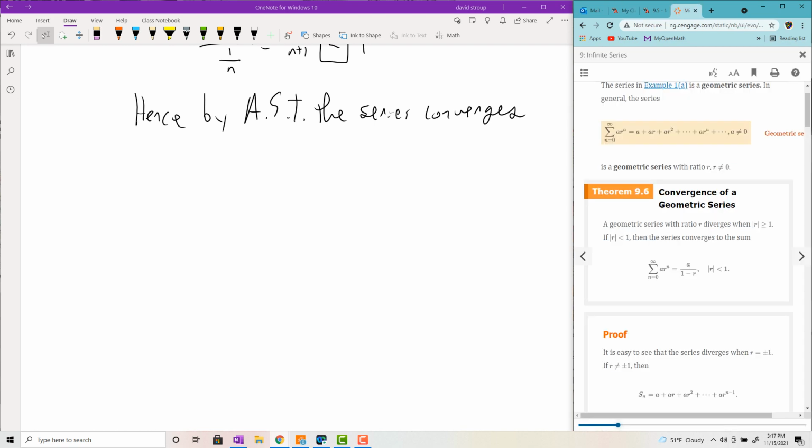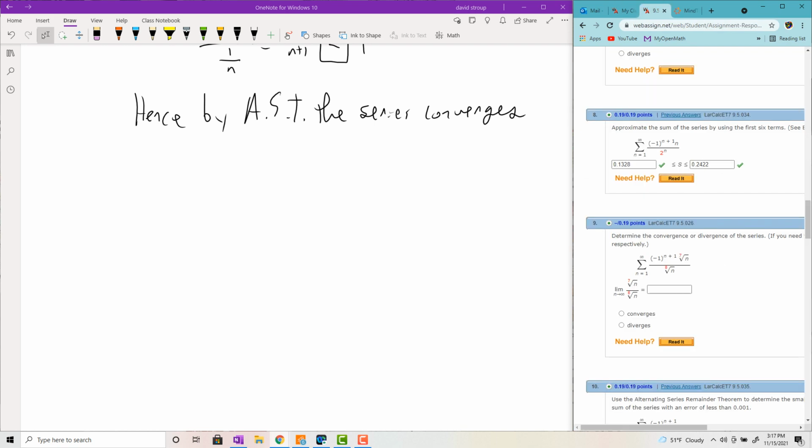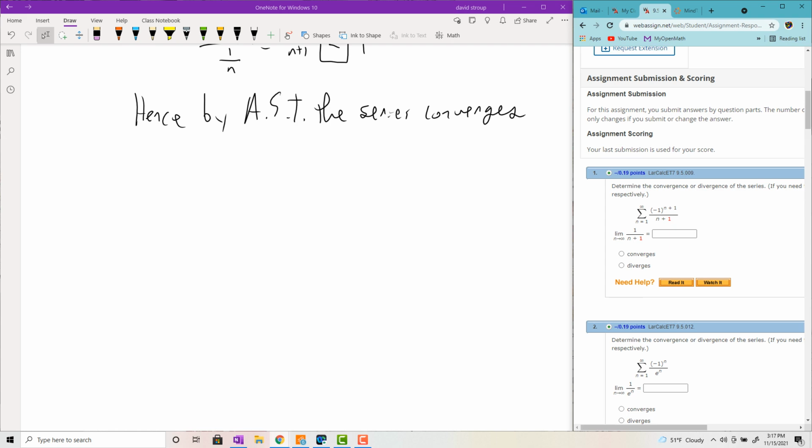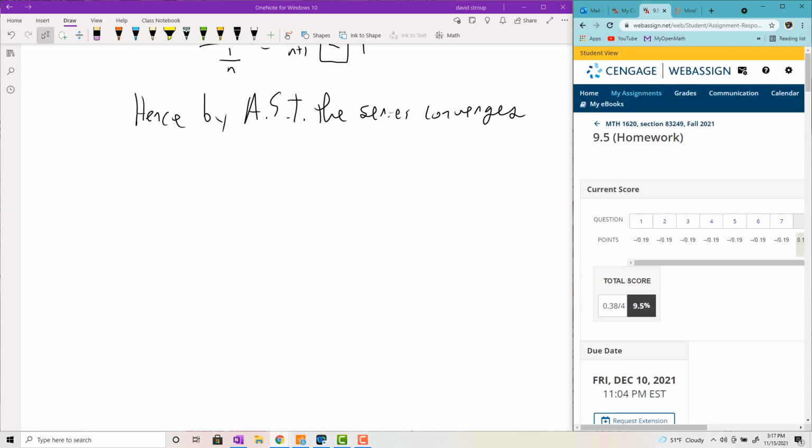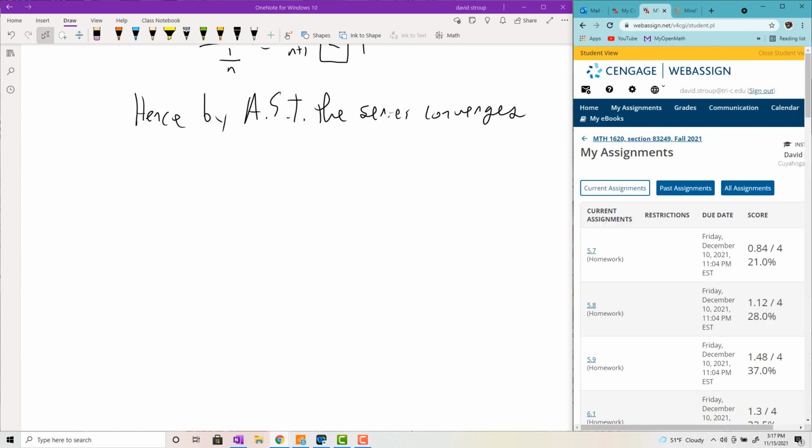Okay. Let's look then at 9.6. In 9.6 we're getting into the ratio test and stuff that helps you with interval of convergence material. I'm looking at questions like 1 to 8, where you're using the ratio test to determine convergence or divergence.